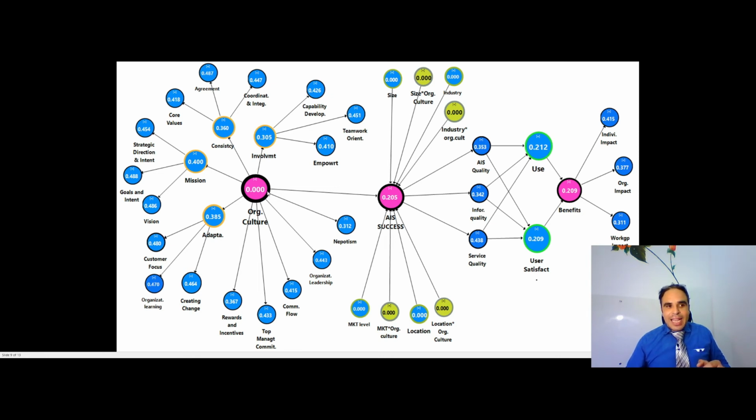It's a latent construct that is manifested by many other variables. For the purpose of this study, I had to pick only 17 variables, like empowerment, teamwork, capability development, etc. Each of those variables is measured by many observable indicators. You will see that in rectangular shapes.